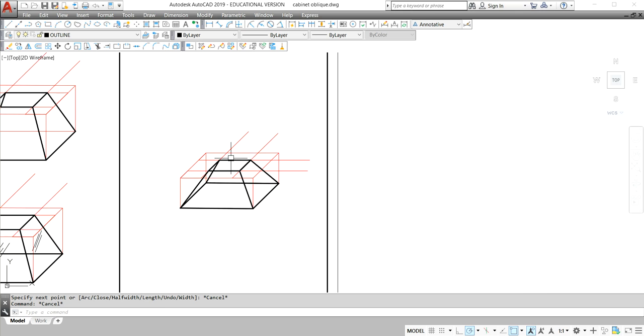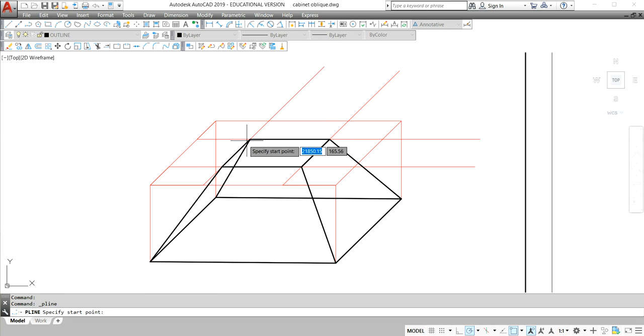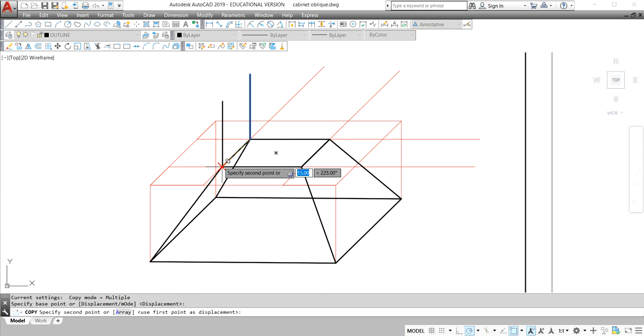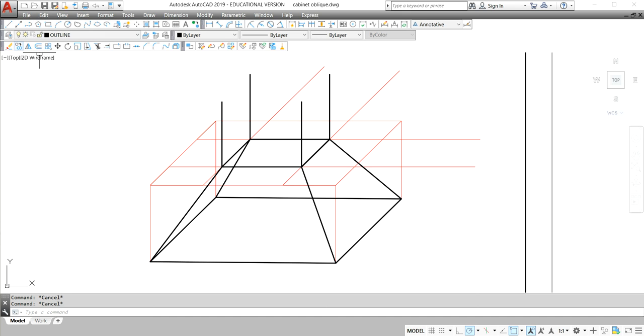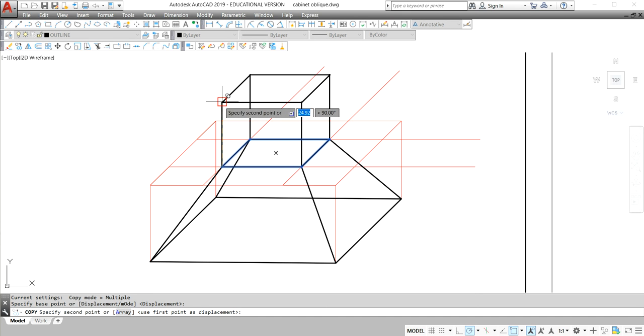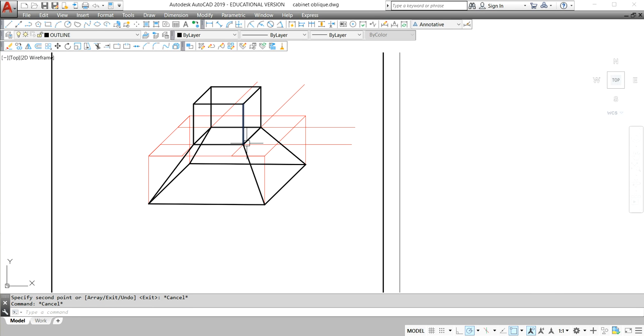So from each corner here we're going up 25 millimeter, and from each corner I'm gonna measure 25, and we're gonna have the top part, which is complete. As I told you, do the outline when you're done, because I need to remove some of the lines, because like this it is confusing.